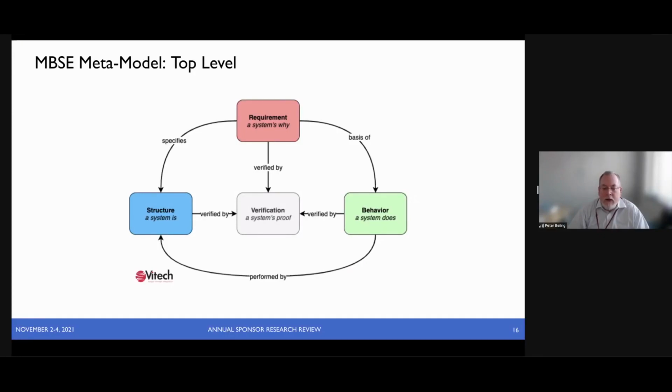So one could think of a high-level model of the system as being something that covers the structure of the system, so what is it, but also its behavior, what does it do.